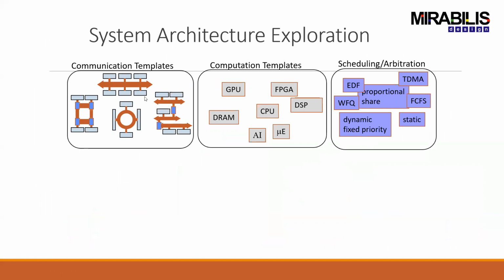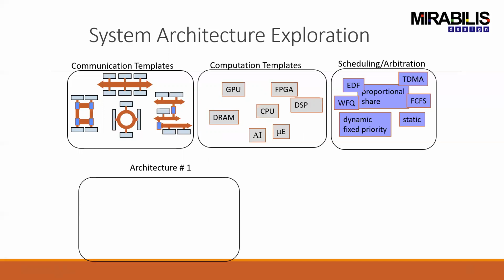So for example, here, this is like a shared bus. That one is a ring, that's a network on chip. That is a complete embedded systems distributed network. These are a whole variety of devices that would exist on the system. And finally, different types of scheduling, arbitration, flow control, and a variety of other capabilities.